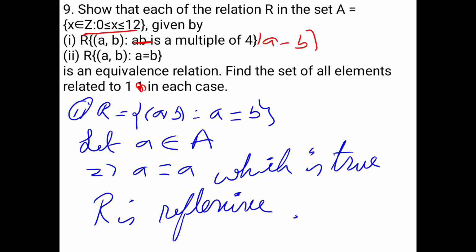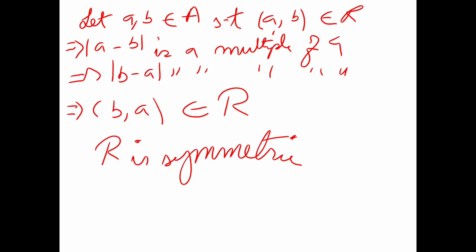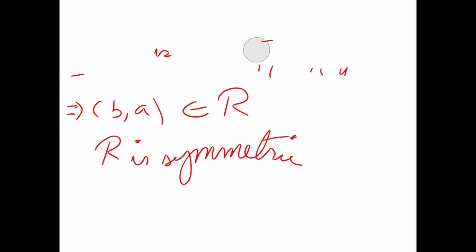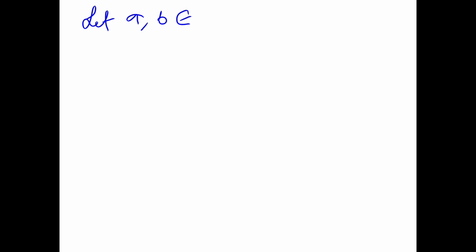Now check symmetric. For symmetry, the first element equals the second element, so the second element equals the first. Let (a, b) belong to A such that a is related to b.